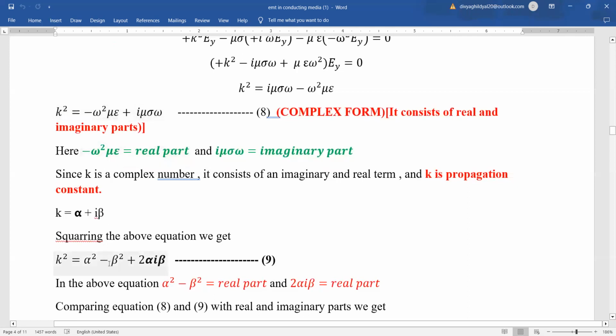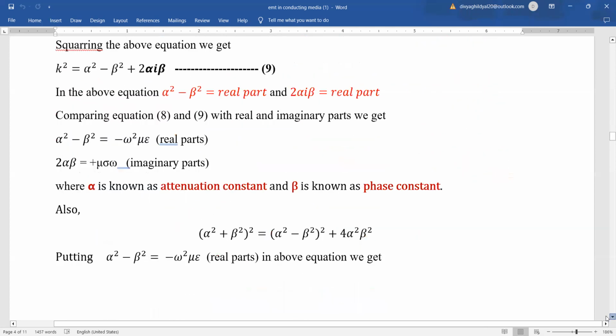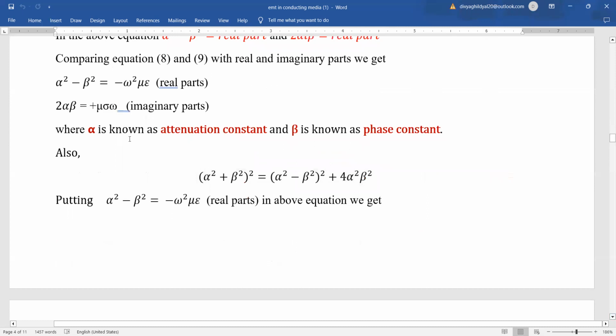These two are the real parts and these two are the imaginary parts. Once we compare the real and imaginary parts, alpha is known as the attenuation constant and beta is known as the phase constant.